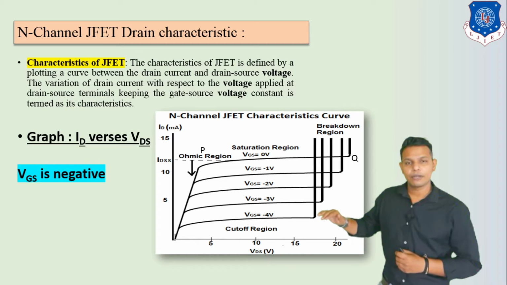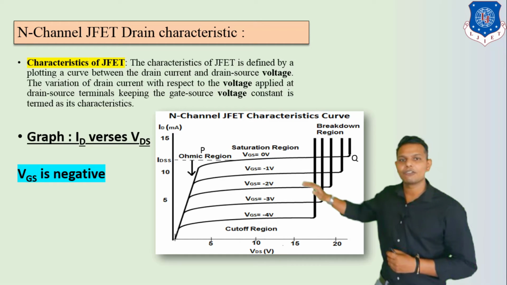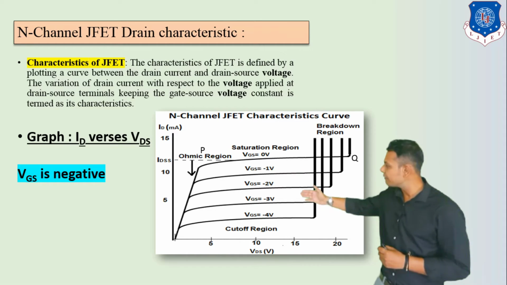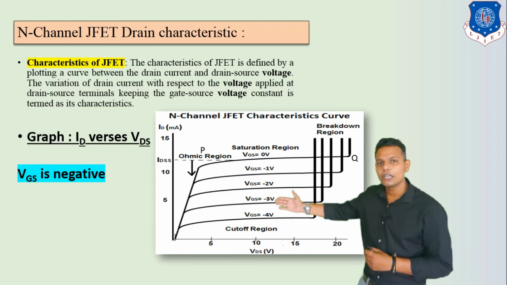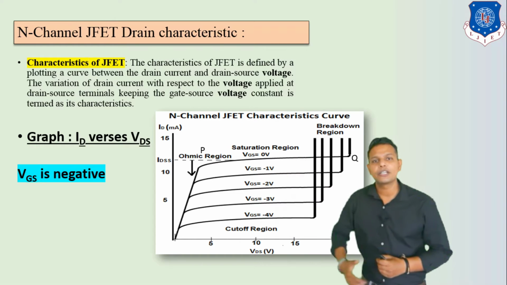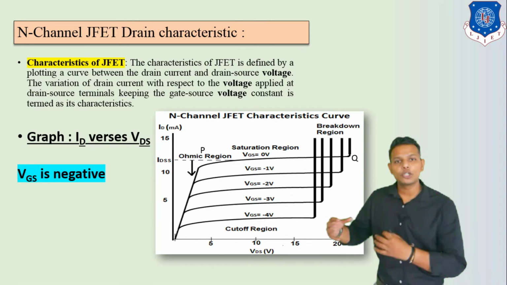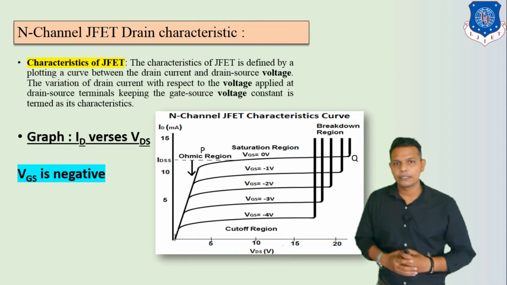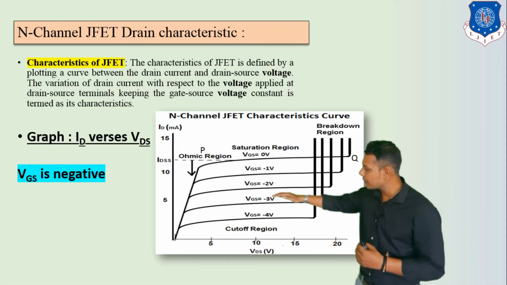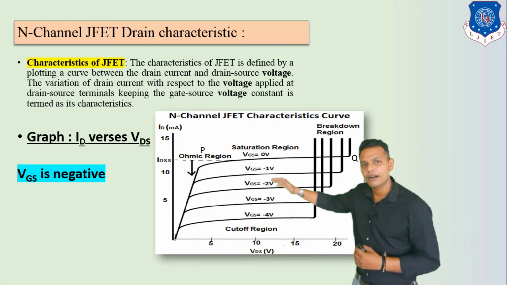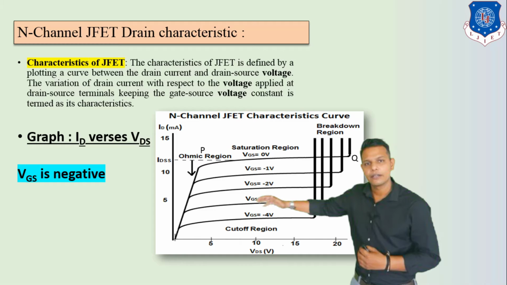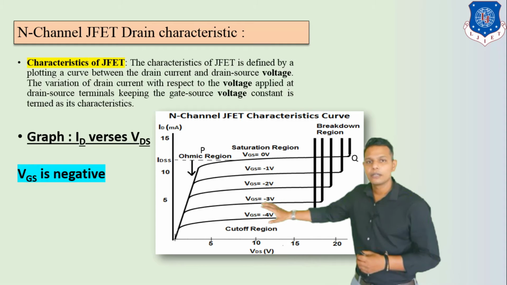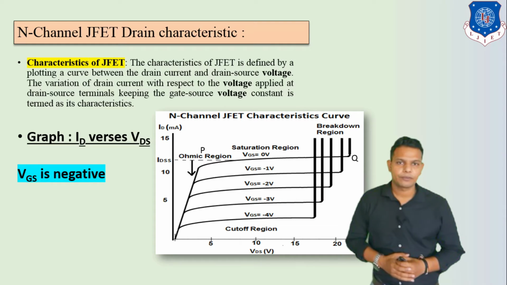So here I am going to introduce a new region which is called the ohmic region. Here we can see in this graph it is the ohmic region. The ohmic region is according to Ohm's law, because R is equal to V by I. That's why it is linear in this graph. Here we can see it is linear. So that region is known as the ohmic region.